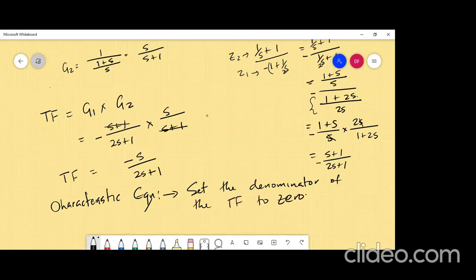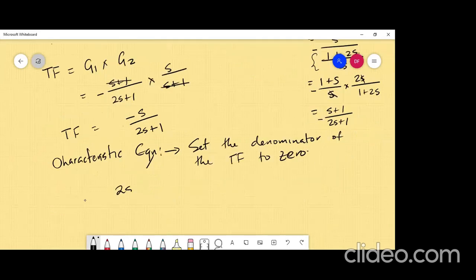So my characteristic equation or my auxiliary equation is 2S plus 1 equal 0. And so the root would be S equal negative a half.